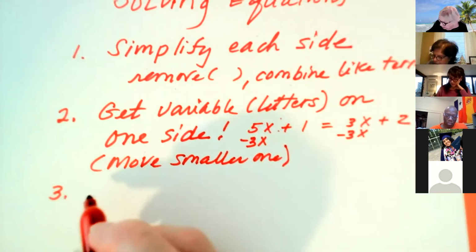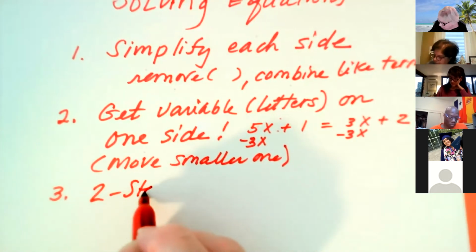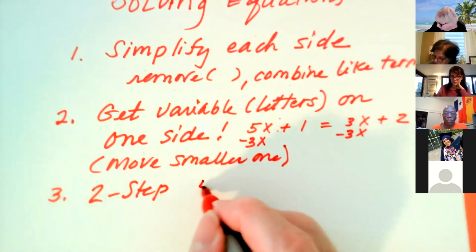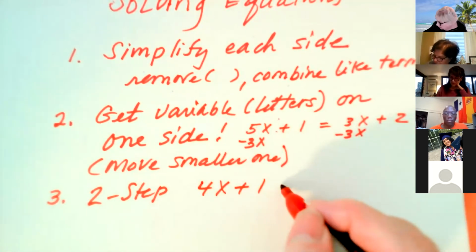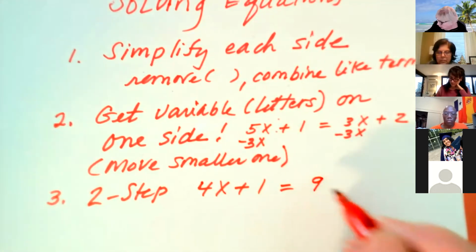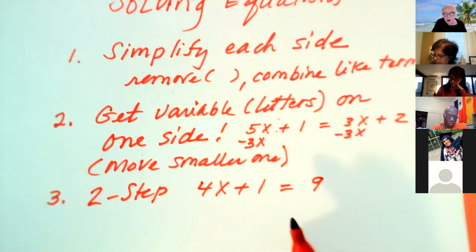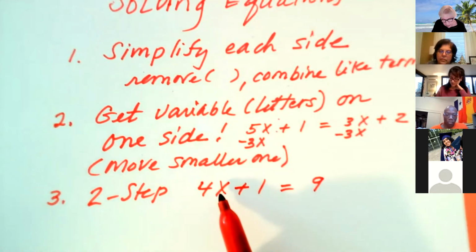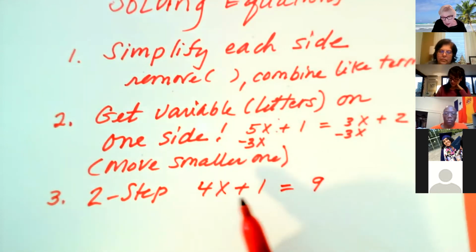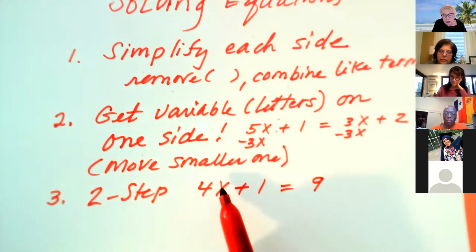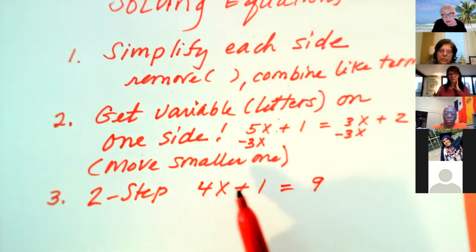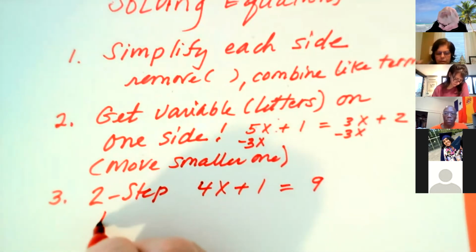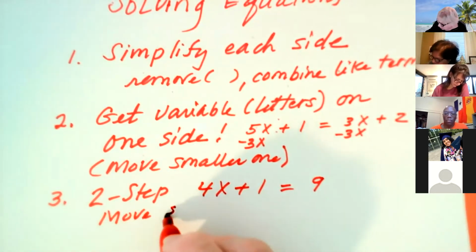The third step is when you're forced to look at a two-step problem. And so here's an example. 4x plus 1 equals 9. When you see the side that has your letter, and you see that there's two things that have to come off, the number multiplied maybe and the number added or subtracted, move the single number first.